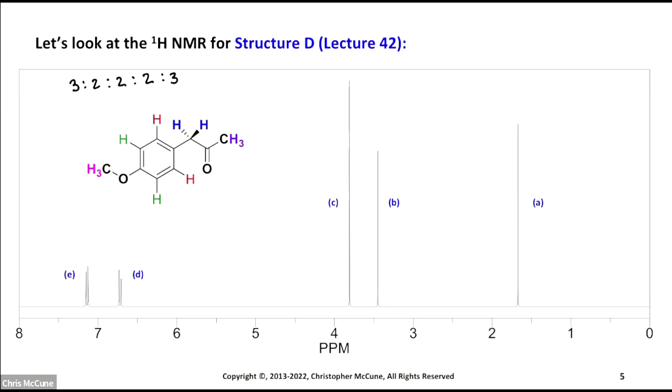And I've color coded it for you, so it should make it pretty simple. You haven't learned about splitting yet, and that'll come in the next video. And so A is going to be 3 hydrogens. B, that's going to be 2 hydrogens. C will be 3 hydrogens. And we've got 2 hydrogens giving rise to peak D and 2 hydrogens giving rise to peak E.